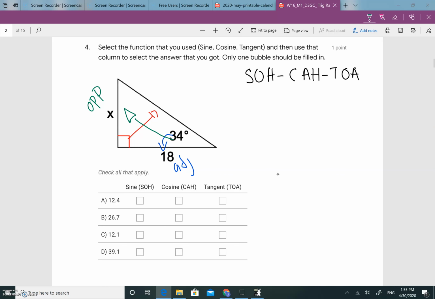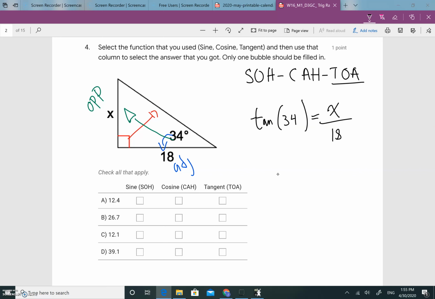We write tangent, and the angle 34 is equal to, well, what is it equal to? It's TOA, so it's O first, opposite, so there's going to be x over 18, because the adjacent is 18.